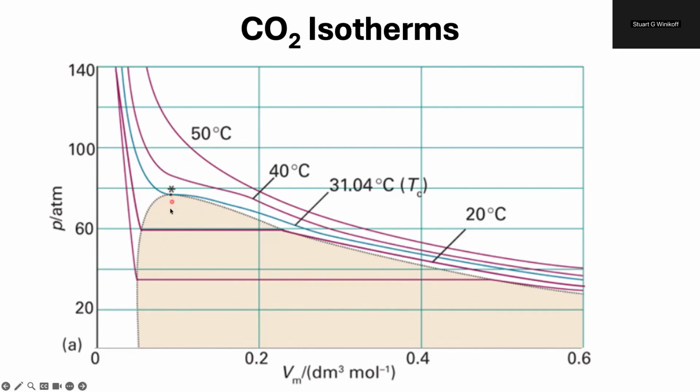Now, the moment your temperature goes below that critical temperature, then we have some fun bits. Because at large molar volumes, the gas will still go ahead and obey the ideal gas law. But as you cool down, or as you compress the gas, the Z now starts to become more attractive until you get to a critical point. And at this part, as I compress my gas, the pressure doesn't change.